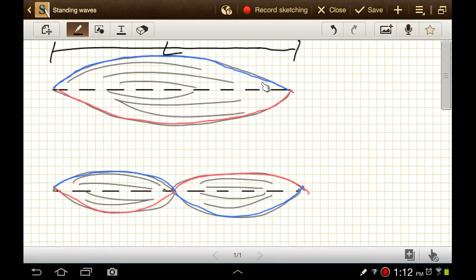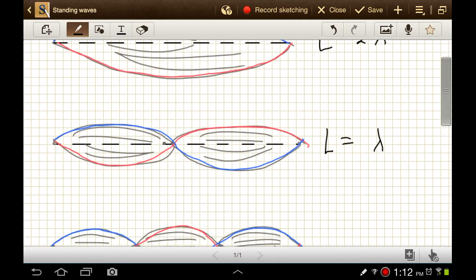So here I could say that the length of this spring, the distance from where I was holding it to where it was anchored on the other side, L would be equal to just 1/2 of a wavelength. Down here, we've got one complete wave, an up part and a down part in this same distance L. So L is equal to lambda, the wavelength.